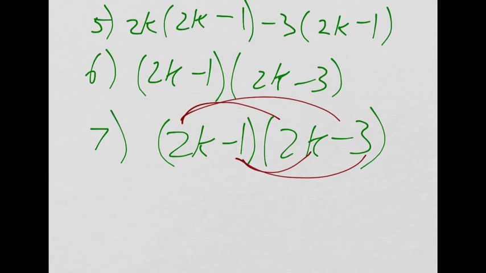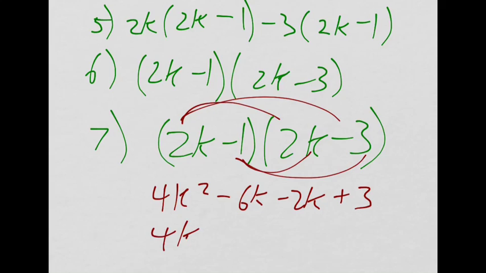So 2k times 2k is 4k squared. 2k times negative 3 is negative 6k. Negative 1 times 2k is minus 2k. And negative 1 times negative 3 is positive 3. Leaving me with 4k squared minus 8k plus 3.